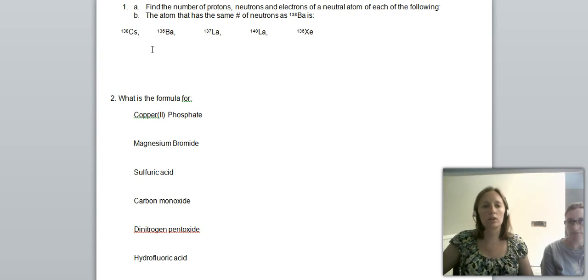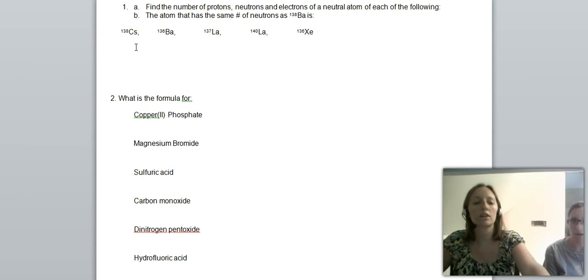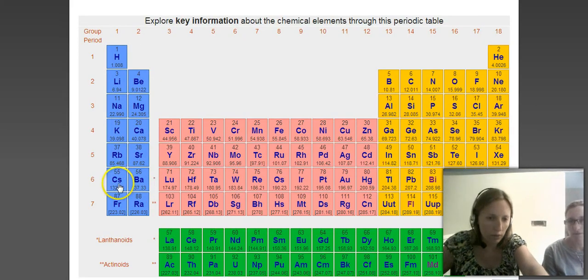All right, question 1. Find the number of protons, neutrons, and electrons of a neutral atom of each of the following. So we've got Cs-138, which is cesium. So let's find that sucker on the periodic table. Here's cesium with an atomic number of 55.